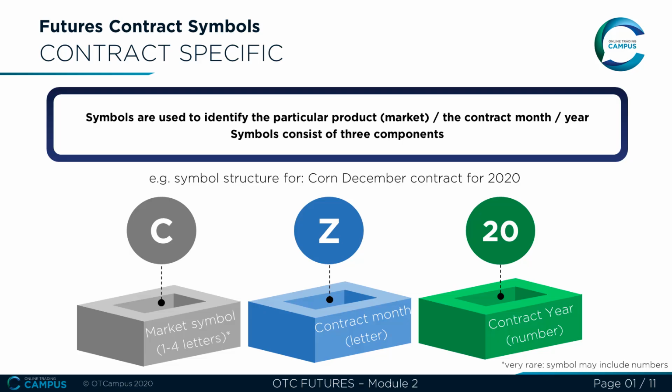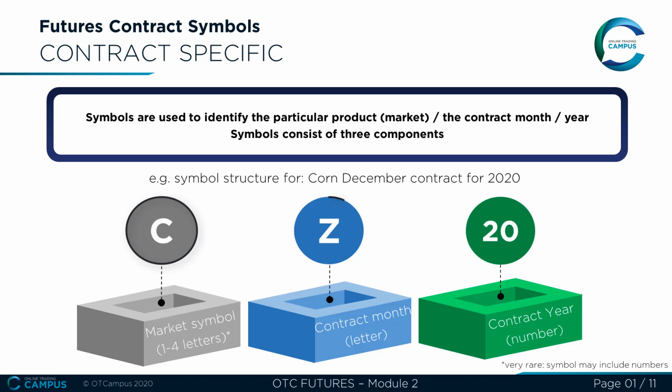Symbols are used to identify the particular product, the particular market, so to say, the contract month and the contract year. Symbols consist of three components. Component number one, market symbol, which is the symbol root on the TradeStation margin requirement website. This can be 1, 2, 4 letters, and in very rare cases the symbol also may include numbers.